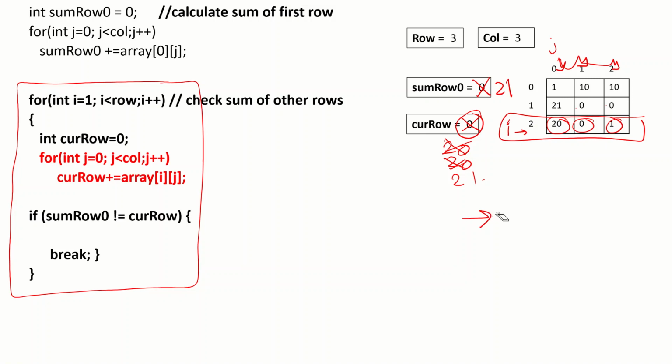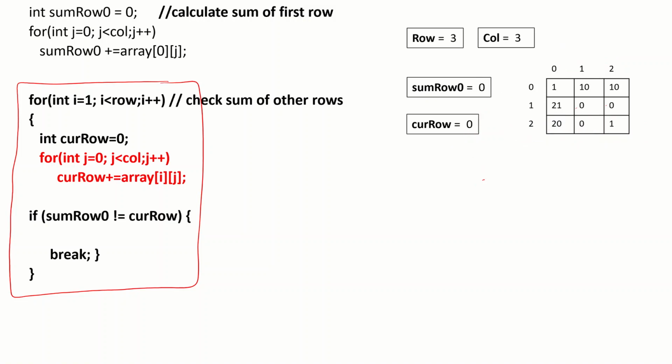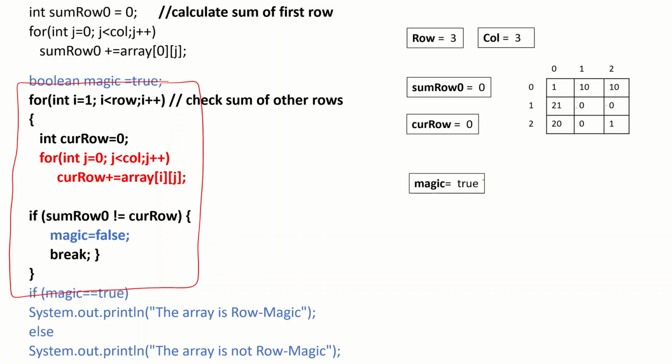That's why we need to include a Boolean, and we will start with true, and then if it is not within the condition we have, we change the switch, we change the value, and then we double check at the end.